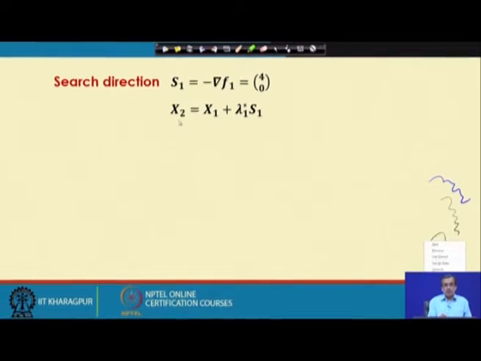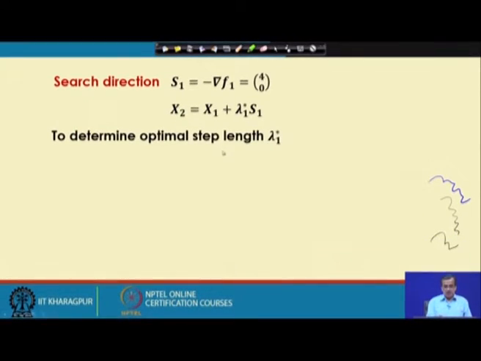Now, x 2, the next solution, is the previous solution x 1 plus lambda 1 star multiplied by s 1. Lambda 1 star is the optimal step length, and s 1 is the search direction. To determine the optimal value of this step length, lambda 1 star, we follow a particular method.